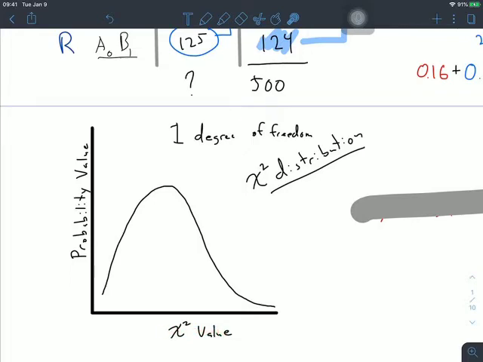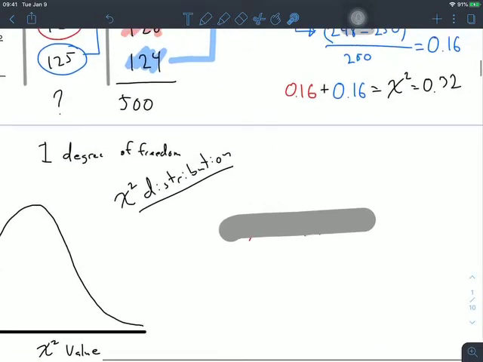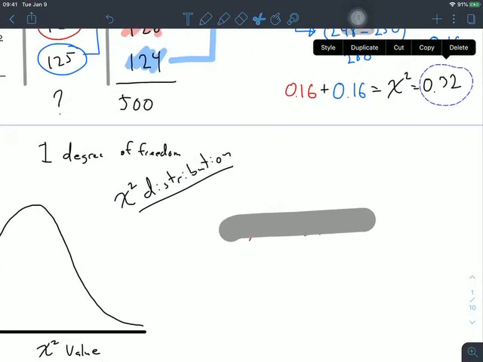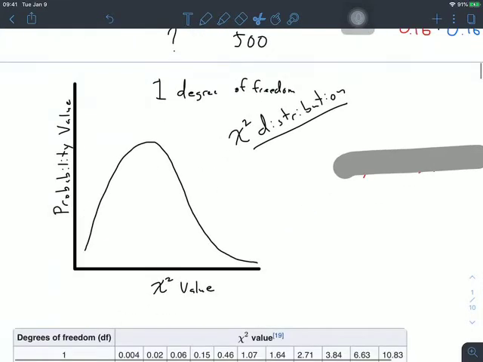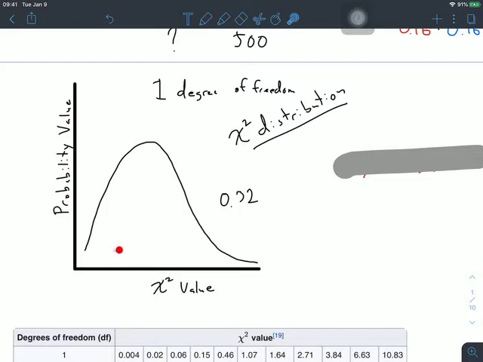So, what this means for me is that there is some likelihood that my value that I calculated, which was 0.32, which is going to be somewhere around here, it's a very low value.